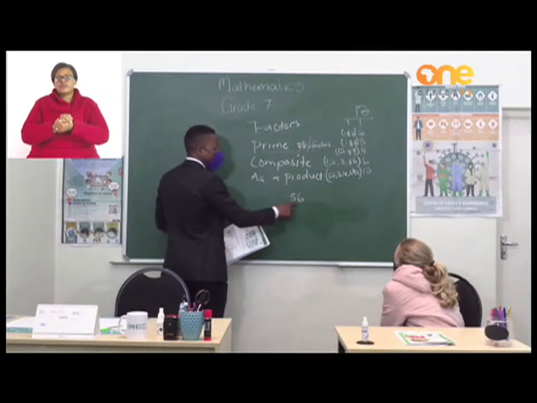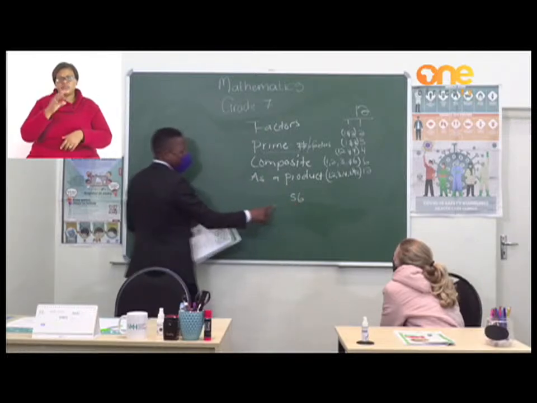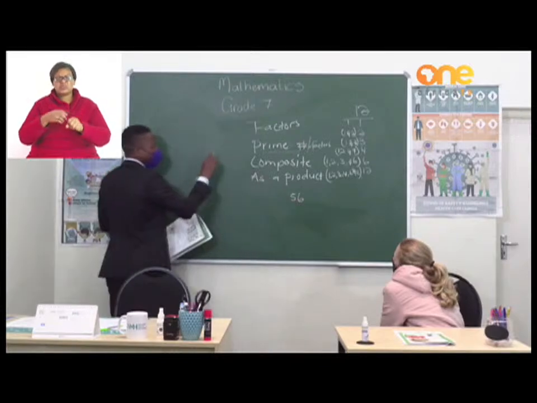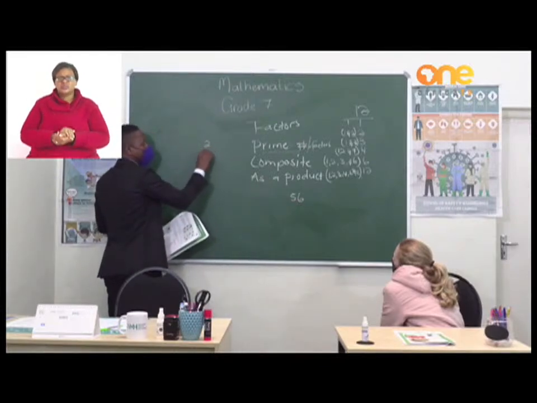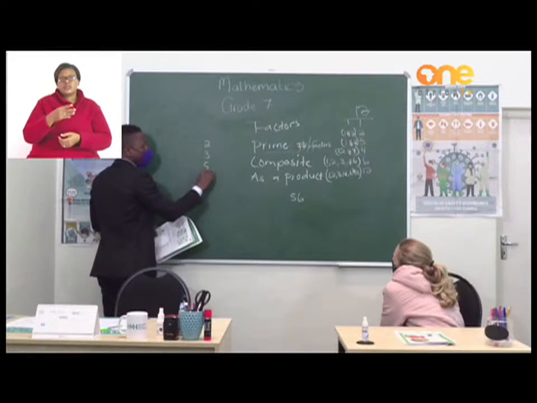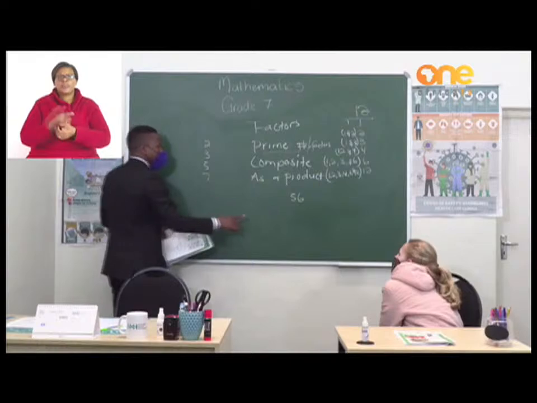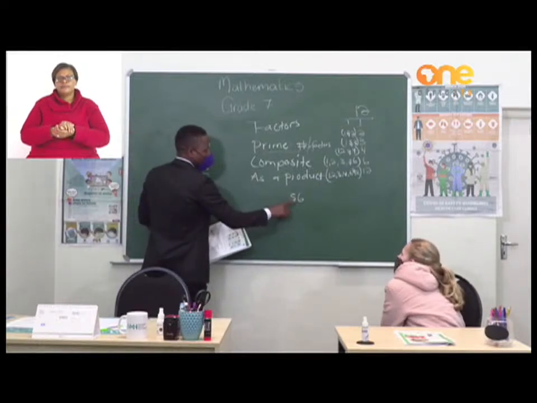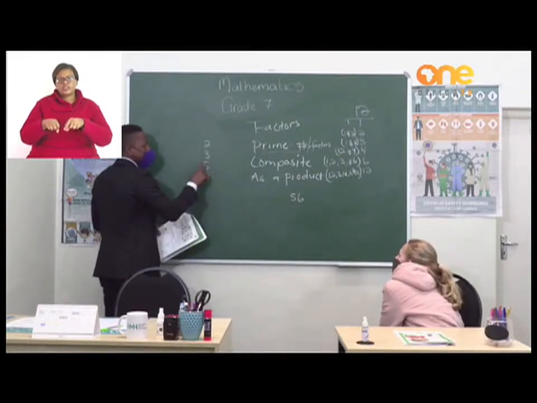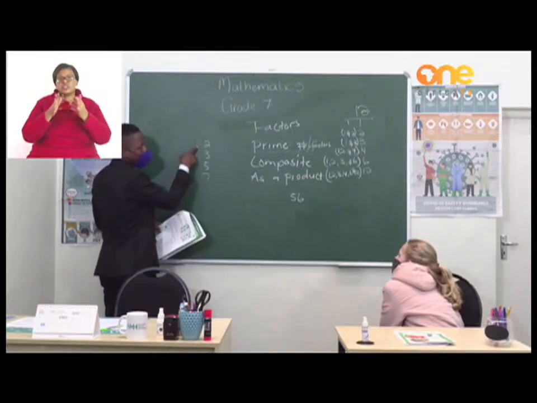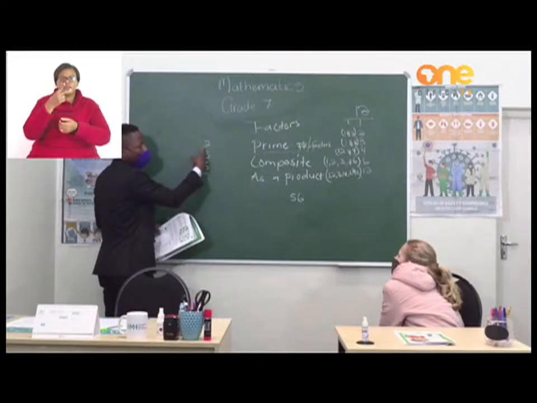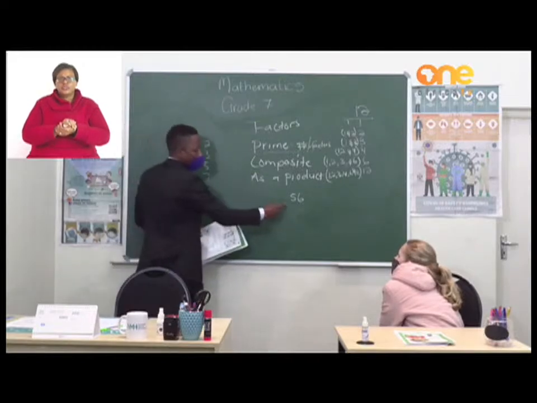Our starting point is 56, and then you have to halve 56. Why do we have to halve? Prime factors are 2, 3, 5, 7, and it goes on. But when it comes to factorizing, we start with the lowest possible prime factor, which is 2. When you divide by 2, you are halving.